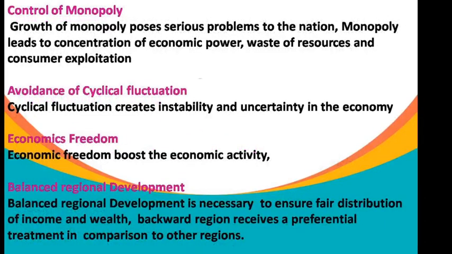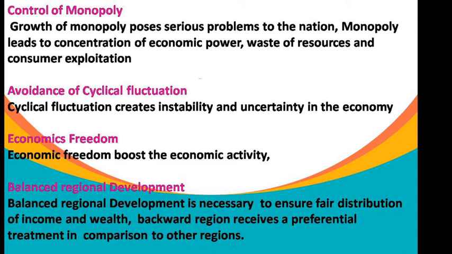Okay, the next, the secondary objective of macroeconomic policy is control of monopoly. In a capitalistic economy, control of monopoly forms the chief objective of macroeconomic policy because the growth of monopoly power poses a serious problem to the nation. It leads to the concentration of economic power, waste of resources, and consumer exploitation.